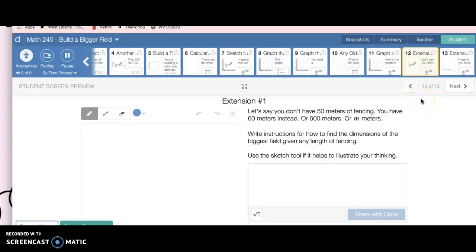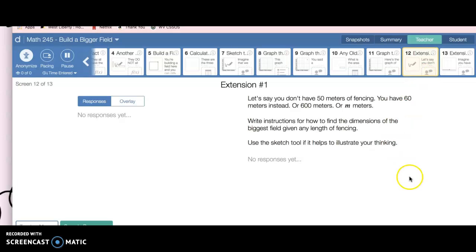Students could also work together on this, work with a partner to see if they might be having trouble with it. So I think it would be a good idea to let them work with their peers on this one. As a teacher for the extension, same thing would happen. The responses would come here.